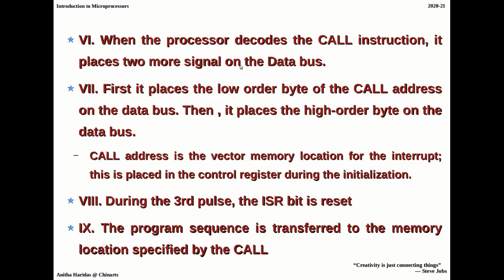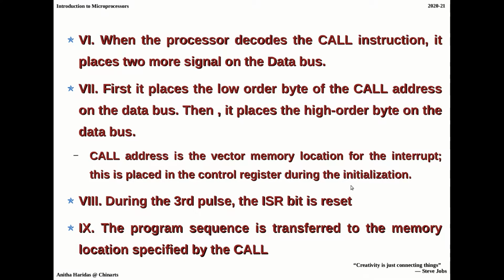After the call instruction, the low order byte of the call address will be placed on the data bus. Then it will place the high order byte of the address. The address here is the address of the interrupt service routine. So the call address is the vector memory location for the interrupt service routine, and this will be placed in the control register during the initialization process.